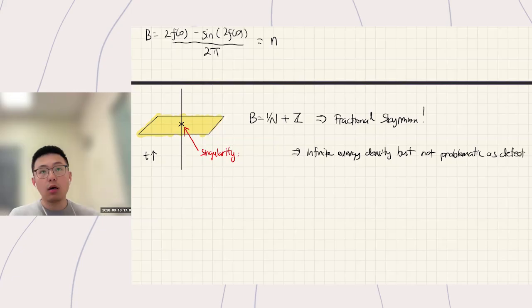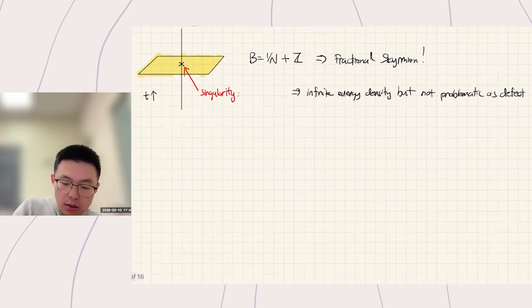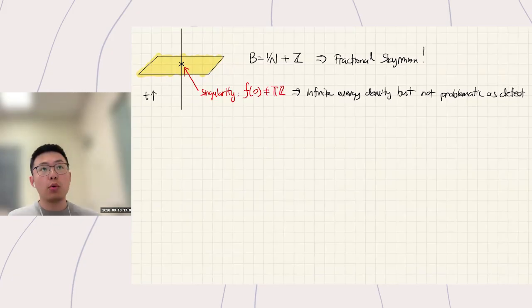So the point I want to emphasize is that these singular field configurations are not problematic if we think about the Wilson lines, and think about field configurations in the presence of the defects, okay? And since these field configurations can be singular, the value of f0 doesn't have to be an integer multiple of pi anymore. So we allow f0 to take different values.